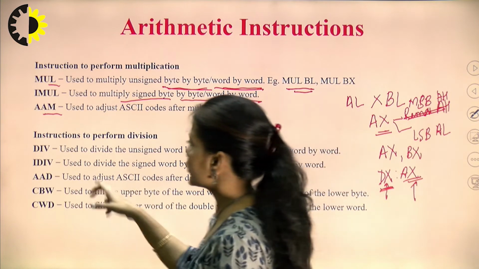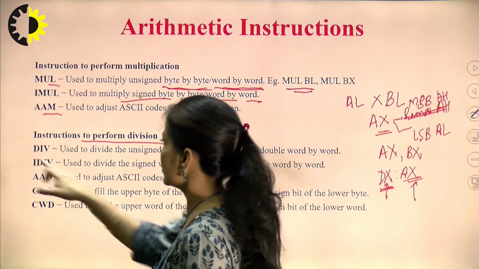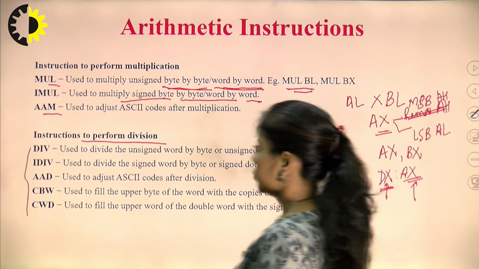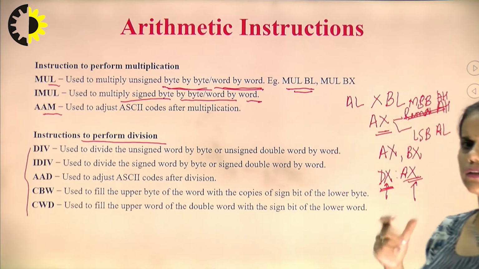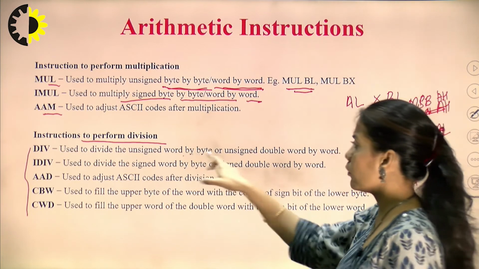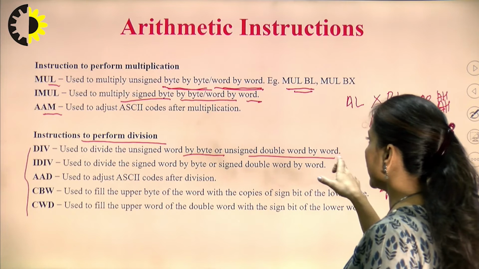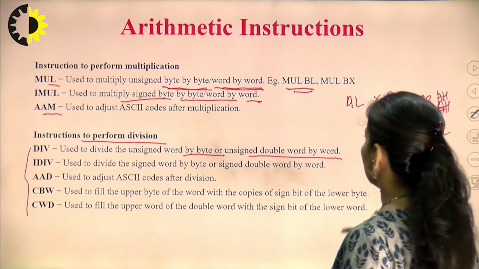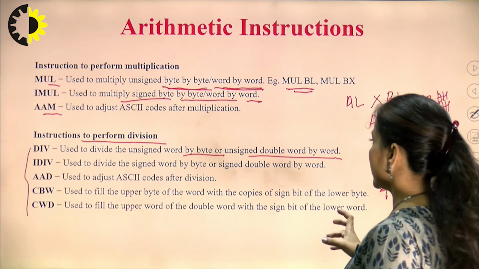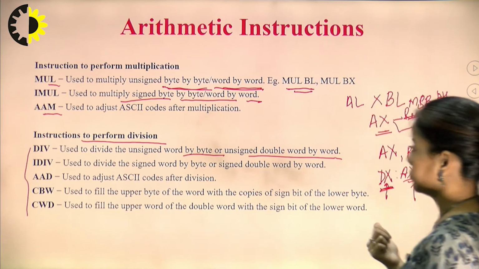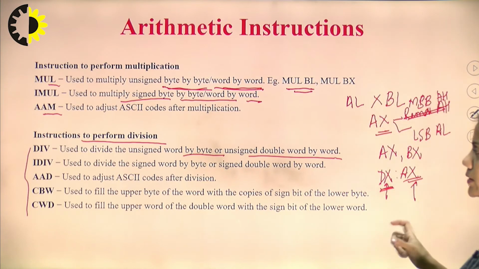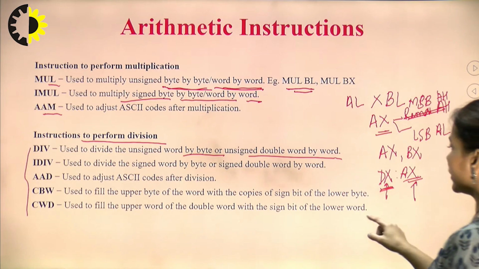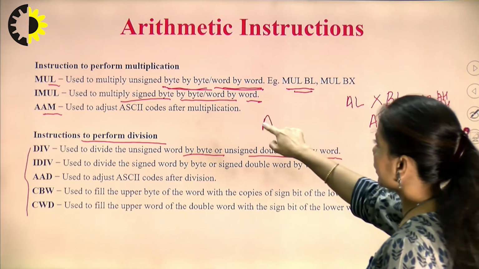Now another set of instructions is to perform the division, that is DIV. Division is used to divide the unsigned byte by byte or word by word or double word by word. So in that case the issue will be that if the word is divided by byte, then the result will go into AX.